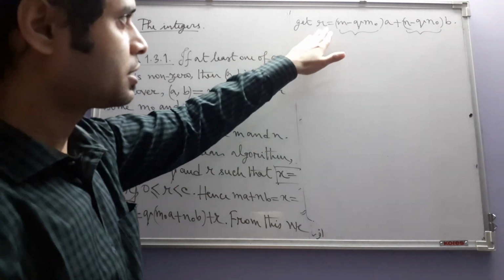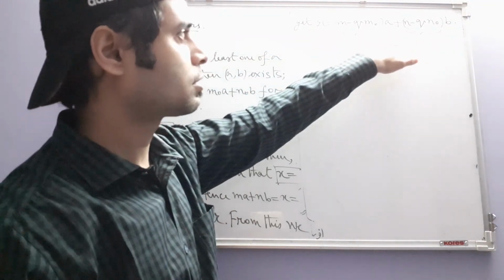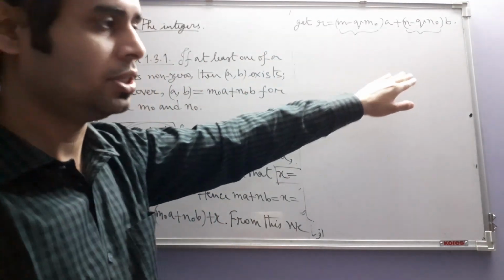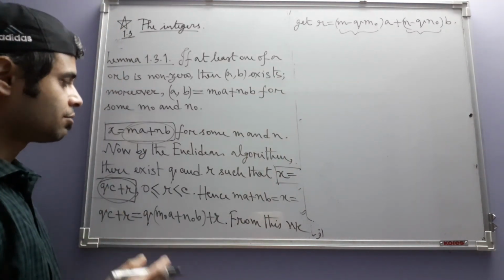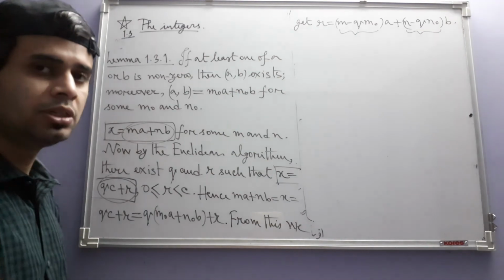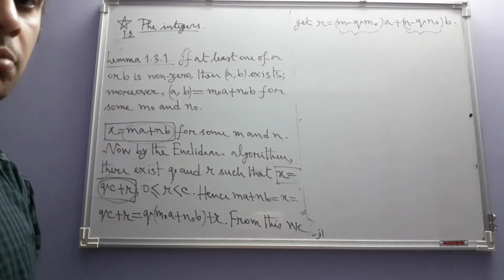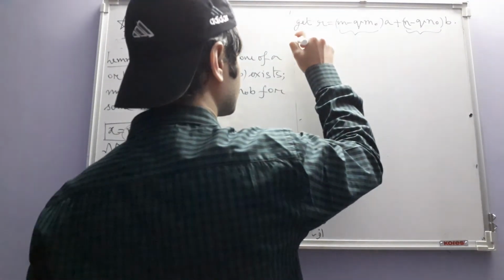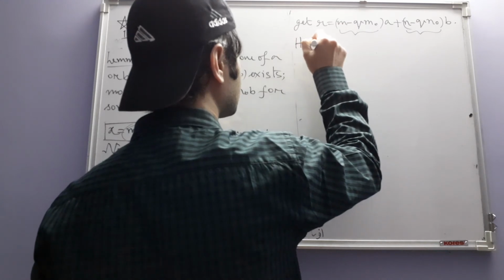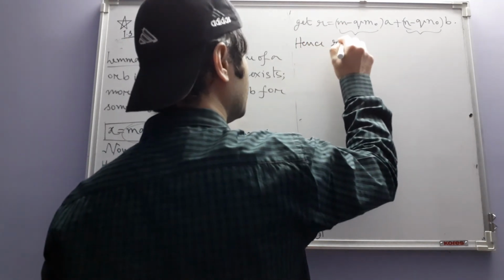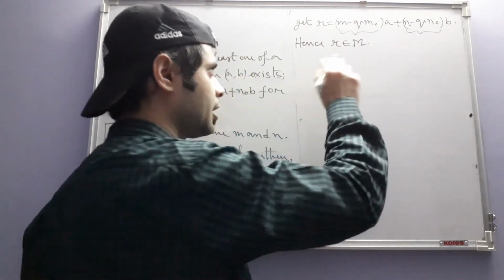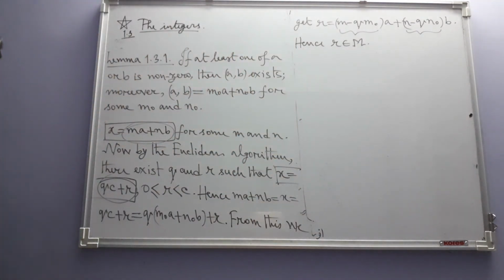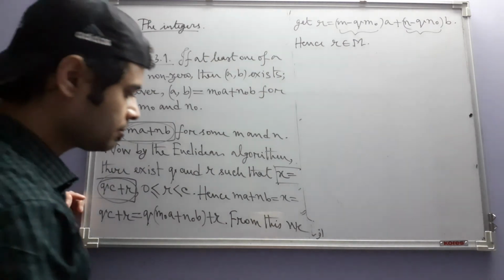So that means R is an integer combination of A and B. In other words, R has precisely the form for it to be in the set M, capital M. Hence, R belongs to M. The form of R allows me to conclude that R is an element of M.